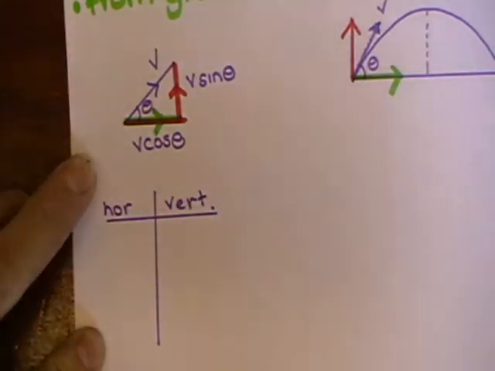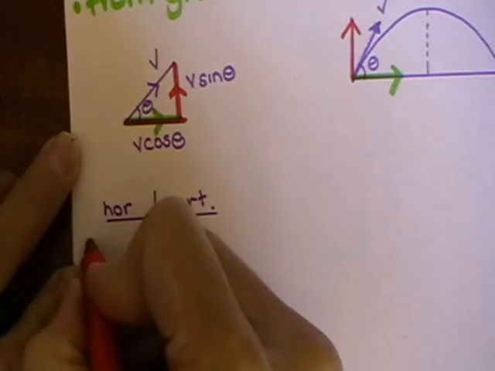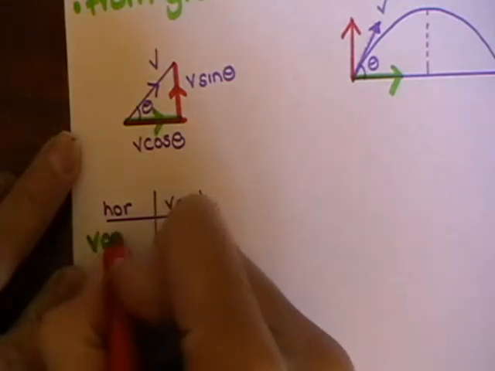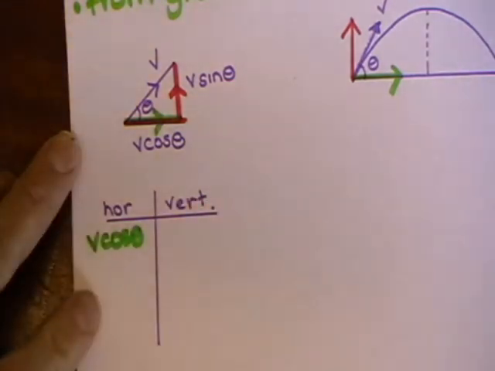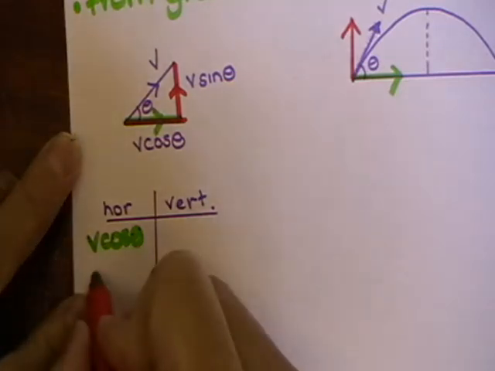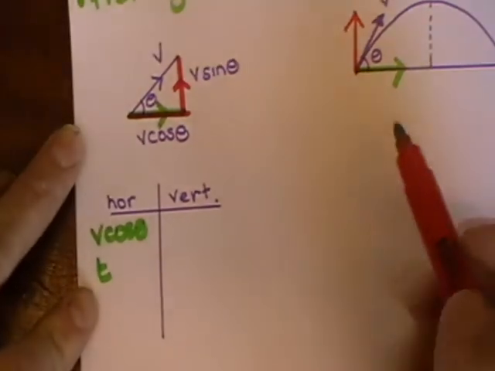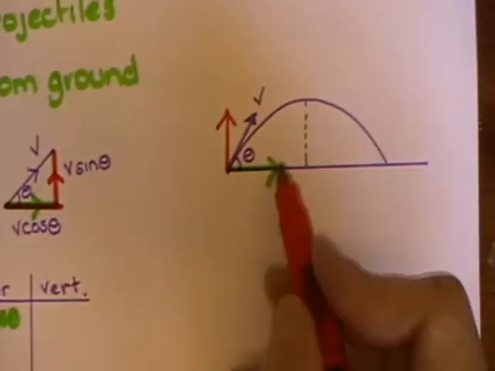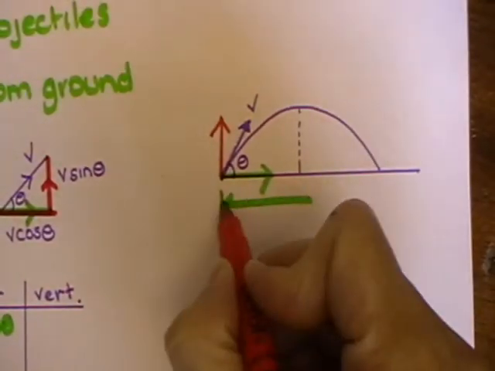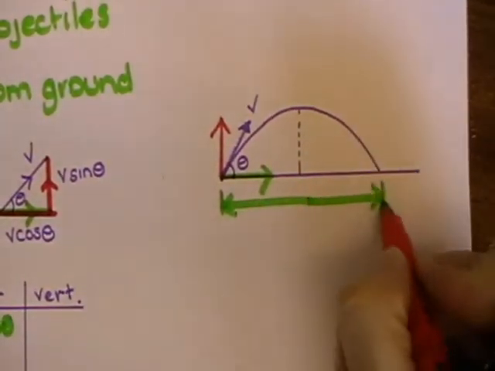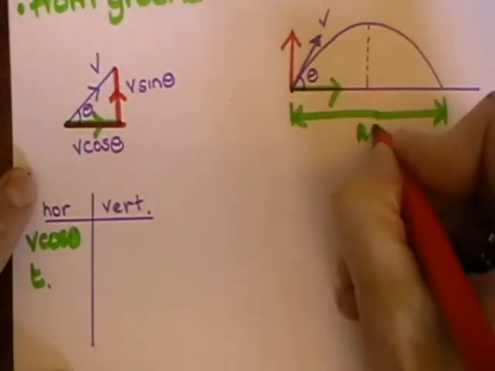And the horizontal part, the thing that I know is its initial velocity, and it's always v cos theta. I know that it takes a certain length of time, and I can also tell the distance from here to here horizontally. Now, I may not know that at the beginning, and I may not know the time at the beginning, but that's called the range.